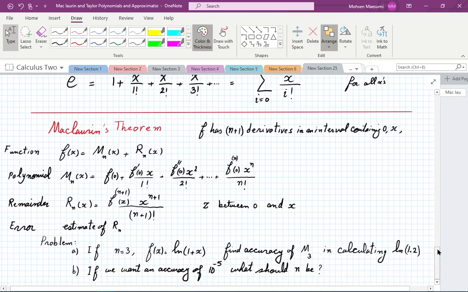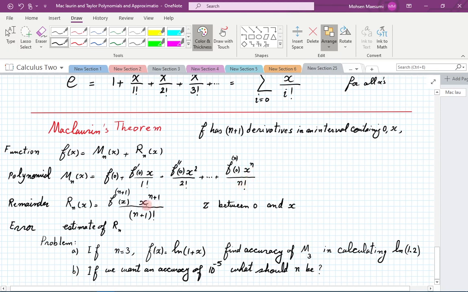Now what's new here is a formula for the remainder, that gap. What is that remainder? It looks very much like the next term of this polynomial, except for one major difference. We see that we have x to the power of n over n factorial.